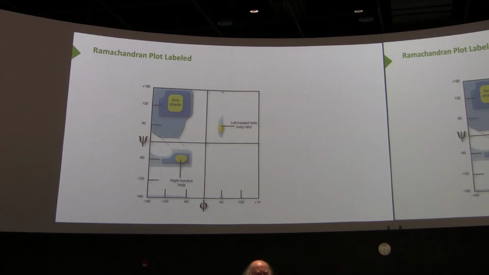Now you might say, what's left-handed, what's right-handed about a helix? If you really want to answer that question, come in my office and I'll show you a cool example. But suffice it to say that two strands, or a strand, can wind about itself in two different ways. Imagine, if you will, that you look at a coil and the coil is going away from you. There's two different ways it can coil away from you. It can coil away from you in a clockwise direction, and it can coil away from you in a counterclockwise direction.